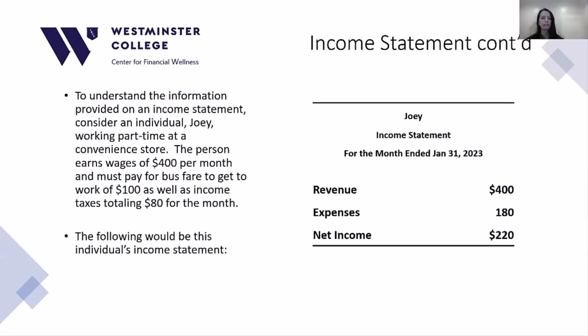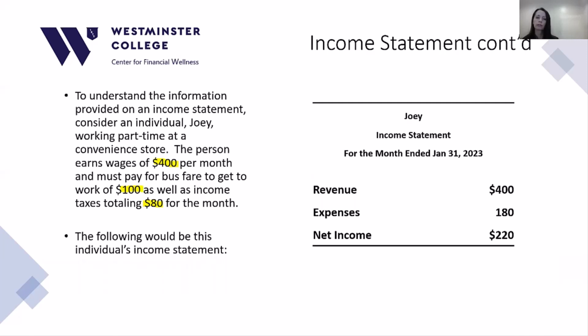All right, so here's a little example of an income statement. Let's pretend we have a friend, Joey, who finally got a part-time job. He's working at a convenience store and he earns wages for the month of $400. But in order to get to the job, he has to pay bus fare of $100, and he's also assessed some taxes of $80. So given that information, this is what his income statement for the month would look like.